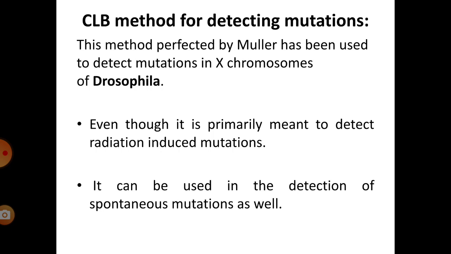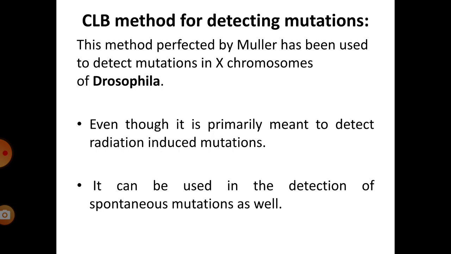If the female Drosophila had the special X chromosome, she could be identified as she had bar eyes. So this was a special, unique female Drosophila designed by Muller for his experiments.